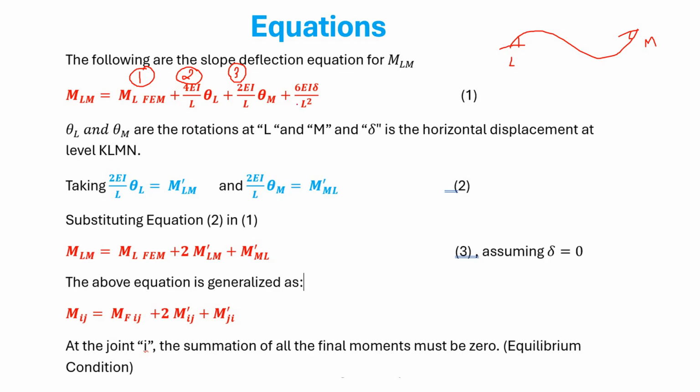If you substitute in equation 1, you finally get M LM equals fixed end moment at L plus 2 M dash LM plus M dash ML. This is generalized and written as M IJ equals MF IJ plus 2 M dash IJ plus M dash JI.